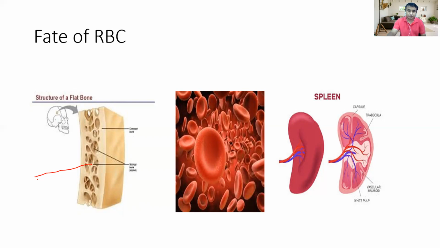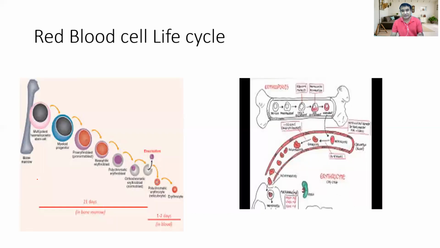Okay. So you can see the different stages of the RBCs. When the RBC gets formed in the bone marrow, especially in the terminal ends of the long bones and the marrow of the flat bones, it goes through different stages of development. The RBCs which get released in an immature form into the peripheral circulation are called reticulocytes.